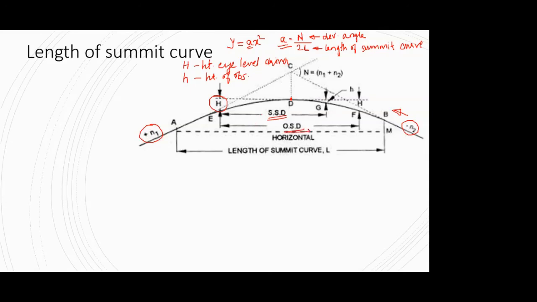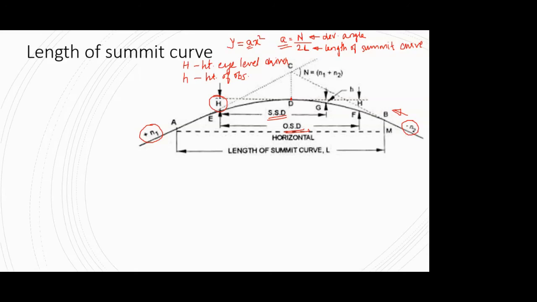Because we have seen in the overtaking sight distance analysis the same sort of case, that you are overtaking, but at the same time there is a vehicle coming from the opposite direction. So from the start of the overtaking operation till the end, the end point that we had considered for our overtaking operation was that point where your oncoming vehicle, or vehicle traveling in the opposite direction, just passes your vehicle.